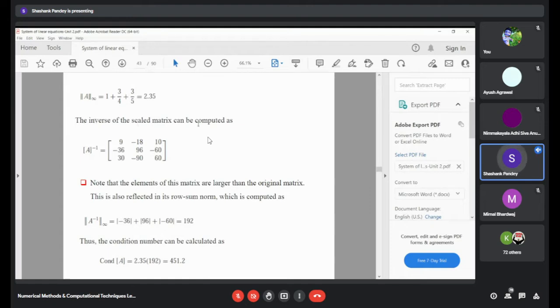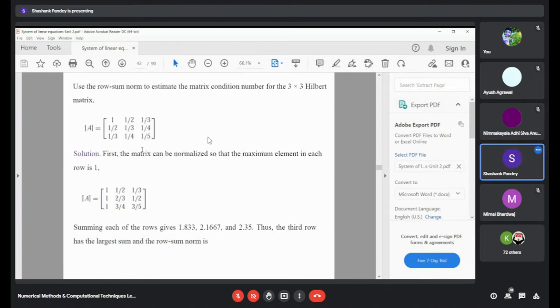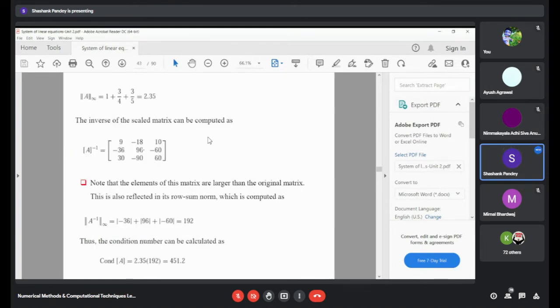The inverse of the scale matrix can be computed as, so if you compute the inverse of this matrix, we will get this term. Now this is the inverse of a matrix. One more term we are introducing is condition number. To identify the condition number, the method is that we have determined the row sum norm, that is 2.35.